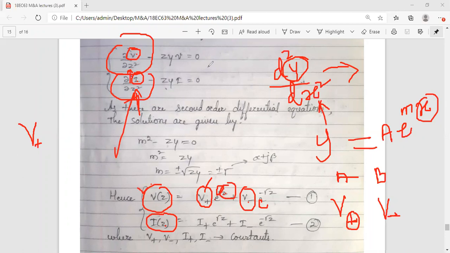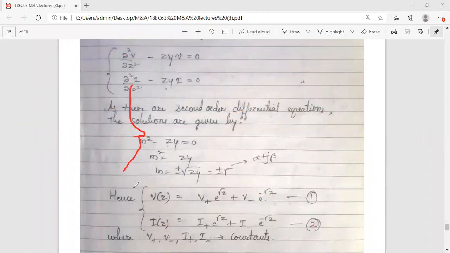Similarly, I told you for both equations you will get the same auxiliary equation. Repeat all these things one more time for current, you will get the second equation. Anyhow, the roots will be the same.